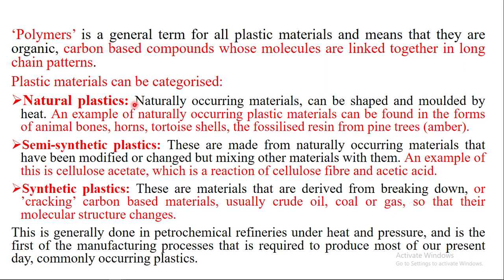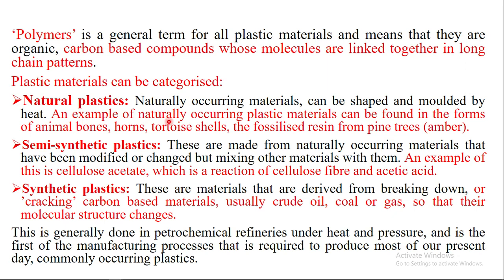Natural means plastics which occur naturally. They are not artificial or man-made, and can be shaped or molded by heat. The natural materials are heated, then molded as we want, based on the desired end products.